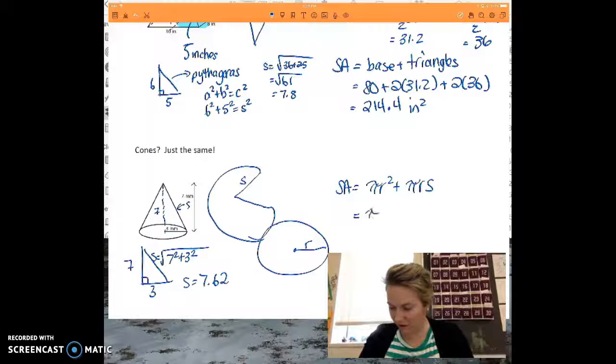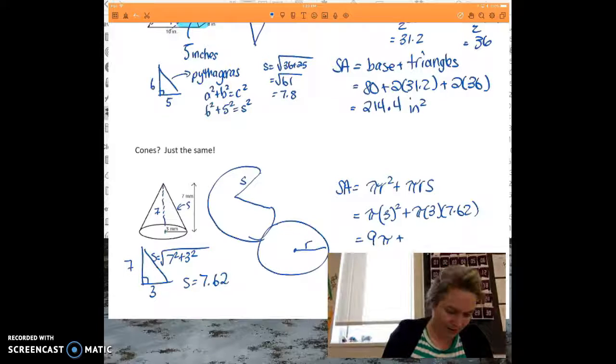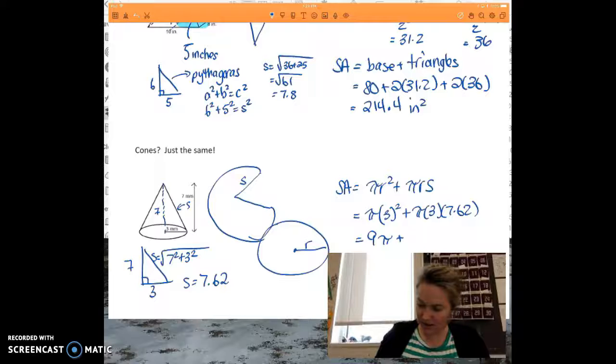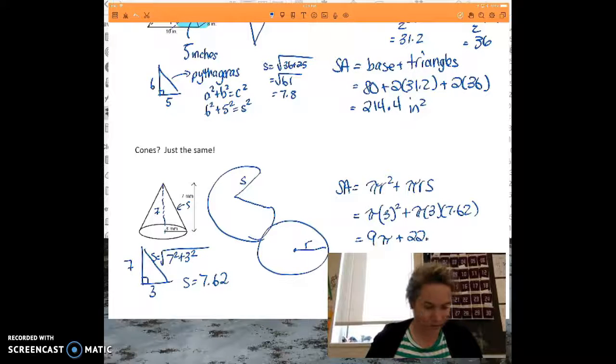So I'm going to have pi, and the radius is 3 squared plus pi times 3 times 7.62. 9 pi plus 22.85 pi.